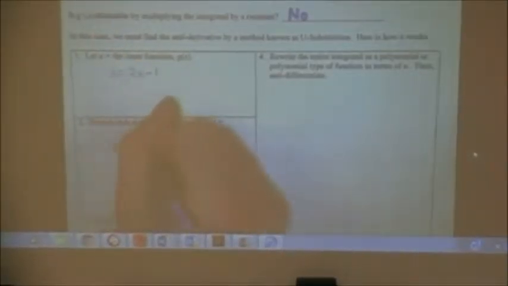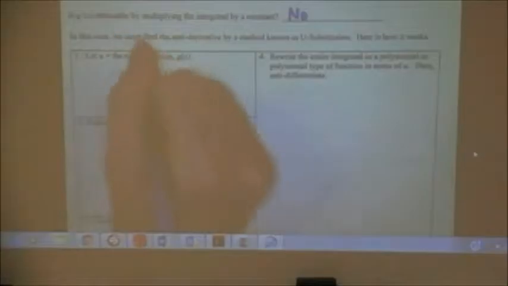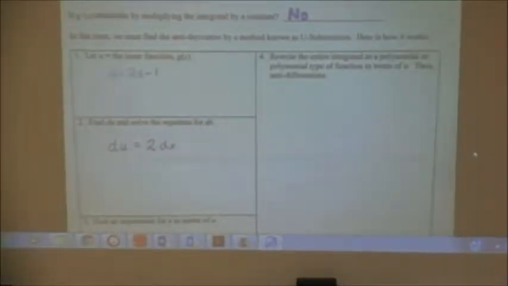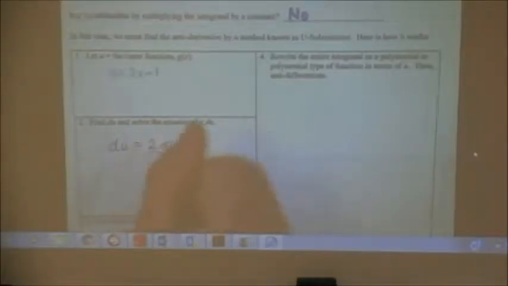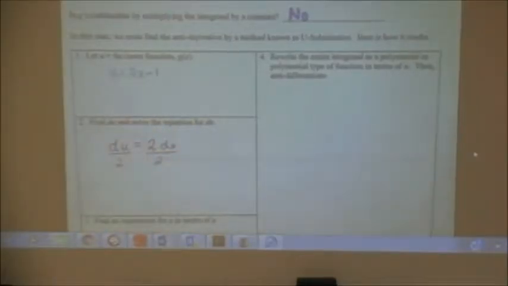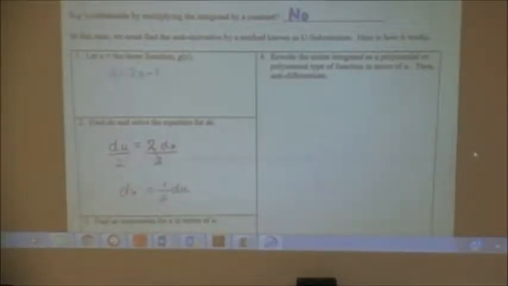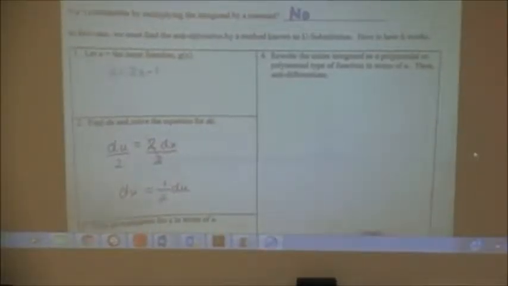So if I do du, take the derivative of this side, that would be 2 dx. And then solve for dx. So divide by 2. So I have now dx equals, that cancels here, 1/2 du. Because of du over 2, I just wrote that as 1/2. Is everybody okay?